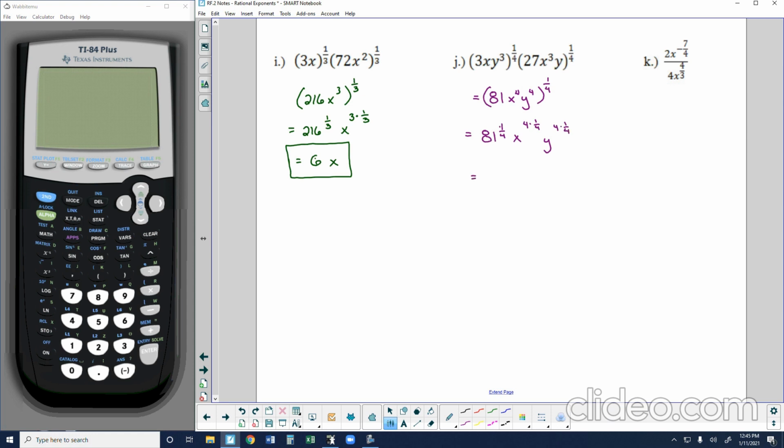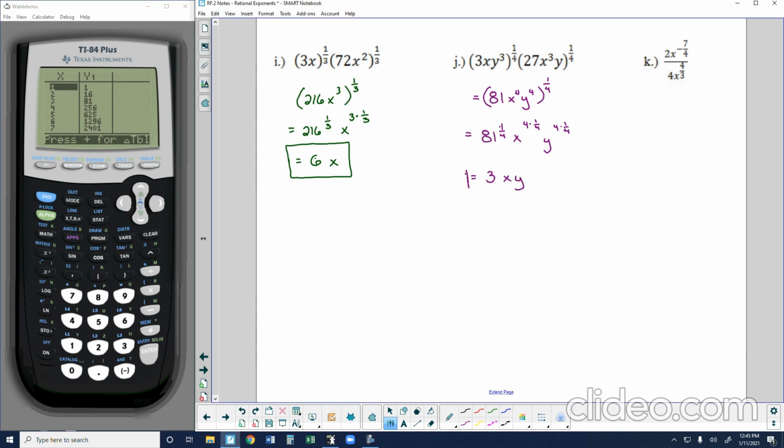And now 81 to the 1/4, I don't have my 4th roots up here, my quartics, but if I go x to the fourth, I can see that 81 is 3 to the fourth power. So essentially, the fourth root of 81 would be 3. And then x to the 4 times 1/4 power would be x to the first power.